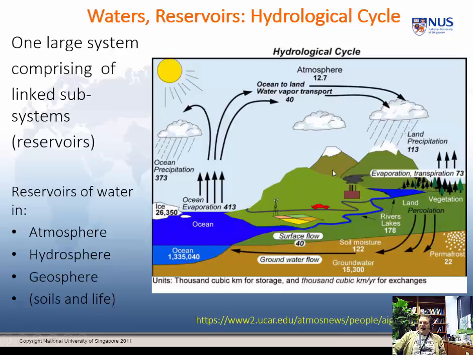Okay, so we have our factory, our car or whatever. Some of its waste goes into the atmosphere, where it joins in the normal hydrological cycle, atmospheric chemical cycle. Some of it will come down as rain. It may be stored as snow, be stored as ice, but eventually it will come through the soil. It will probably join surface water.